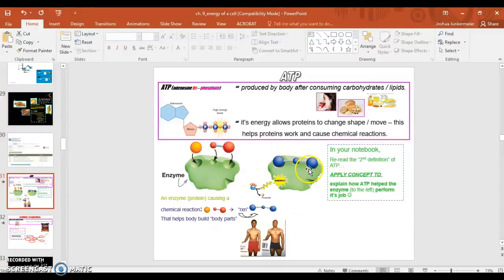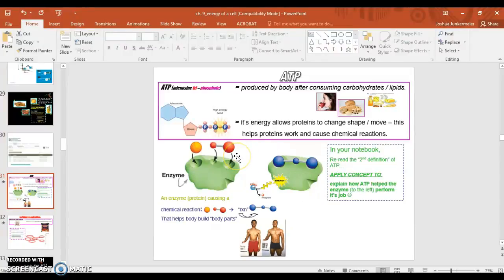And you can see that the structure overall, the original atoms or molecules that originally connected, look different now. Your responsibility is to explain ATP's involvement in this from before and after, and what ATP helped the enzyme do in this situation.